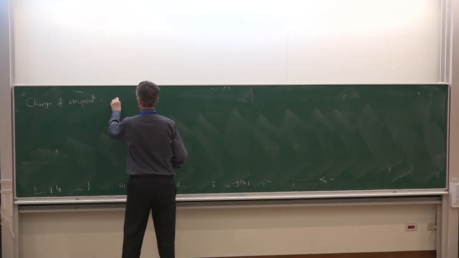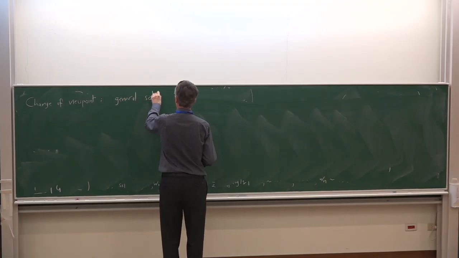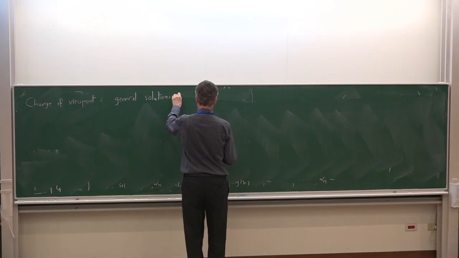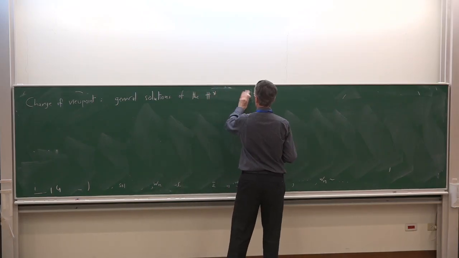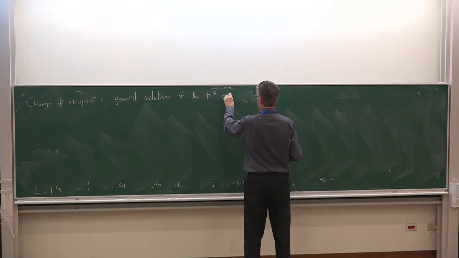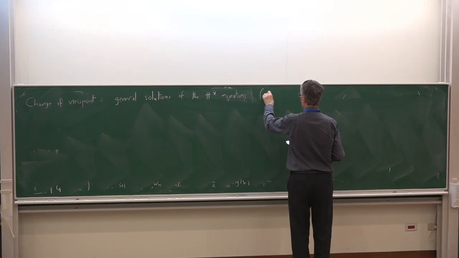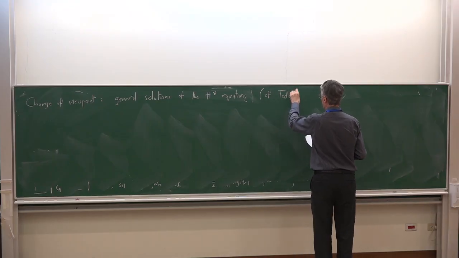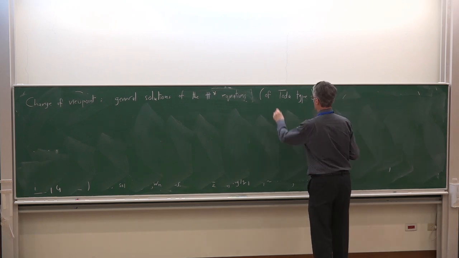Let's consider general solutions of the TT star equations. Of course, I'm only going to consider the Toda type, because that's the only case where we know how to solve them.